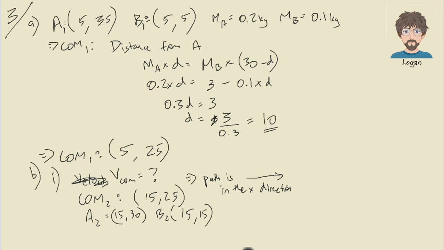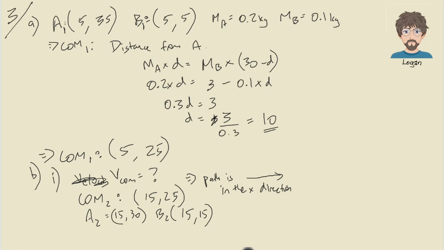The collision point is at this 25 line on the y-axis. It's at 25, 25, okay? And so we know that at least, and it means that the center of mass will keep on tracking along the same 25 line.